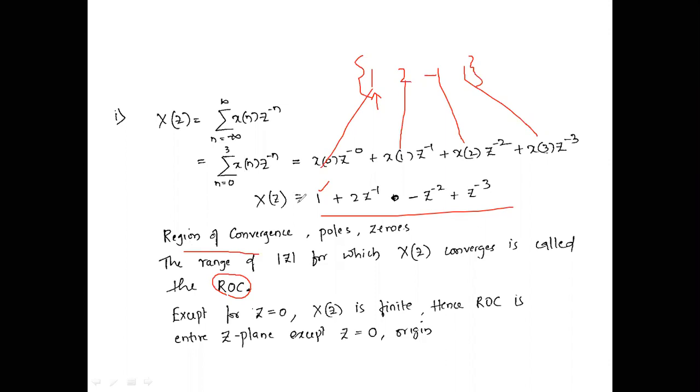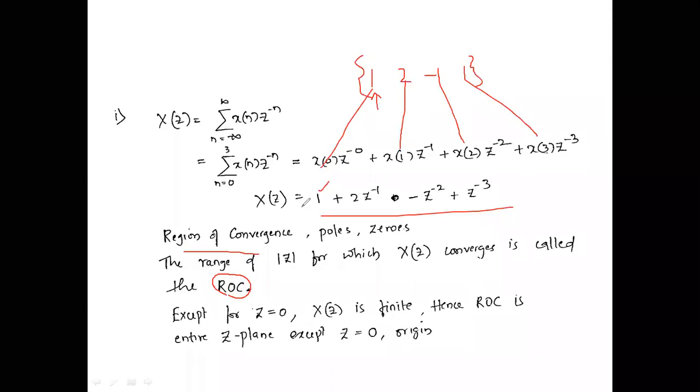What is meant by convergence, by the way? I think you remember, right? Convergence is a word related to stability. It means those values of z for which x of z will give us finite values. They will be in the region of convergence.